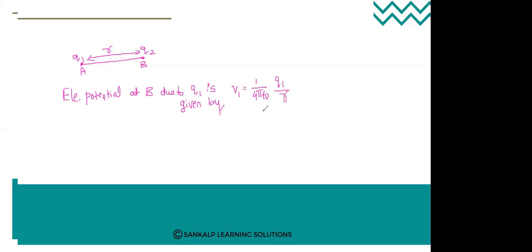So the potential at B due to the Q1 charge is V1 is equal to 1 upon 4 pi epsilon naught Q1 upon R. So this is equation 1.